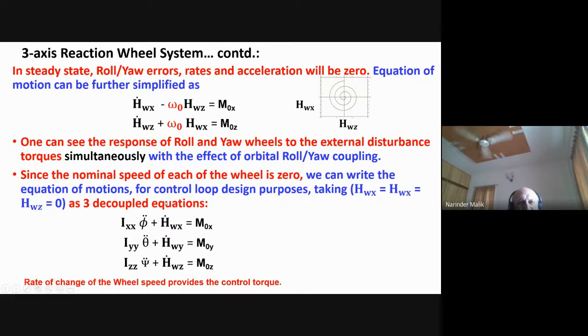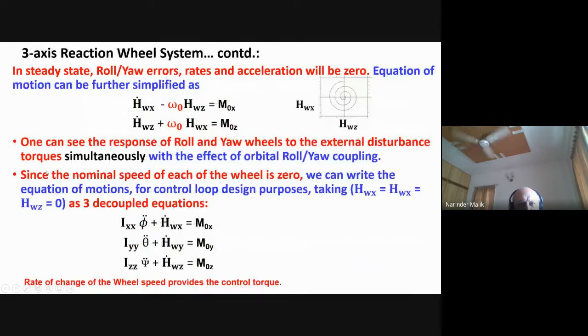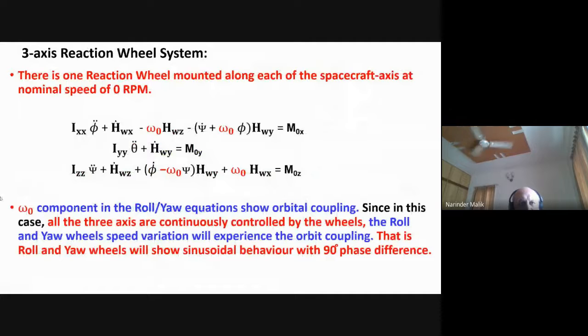Just to simplify this equation and show the behavior of the spacecraft in steady state: when you are controlling and maintaining the attitude, the terms phi double dot and psi double dot, the accelerations, will be zero.